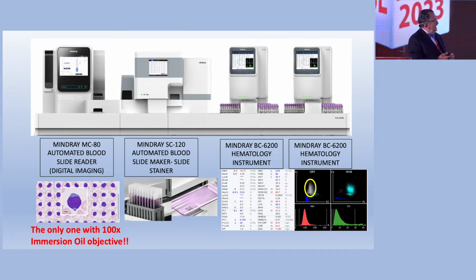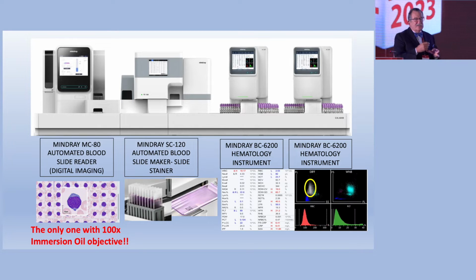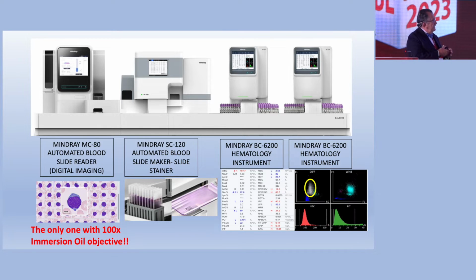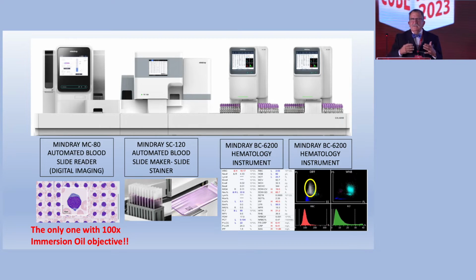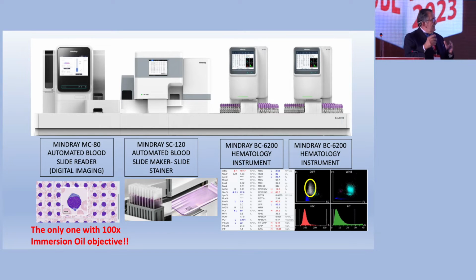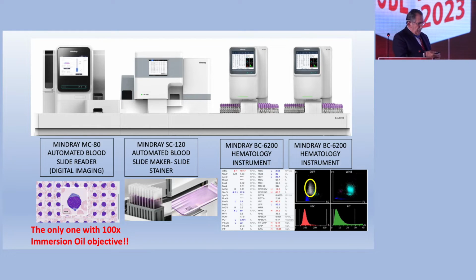The Mindray SC100 automates the slide smear with a very unique sapphire slide that keeps the quality of the slides for a long time without any breaking of the instrument. And finally, you can see the quality of the cells, and it is the only one with a 100x immersion oil objective.